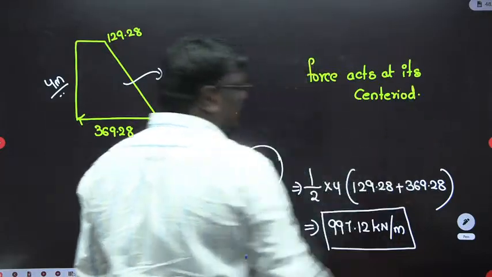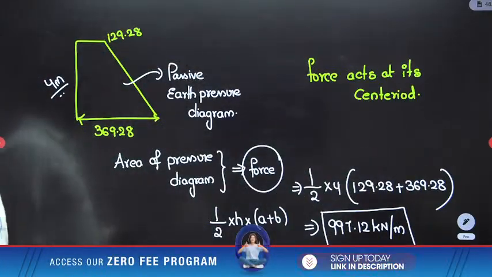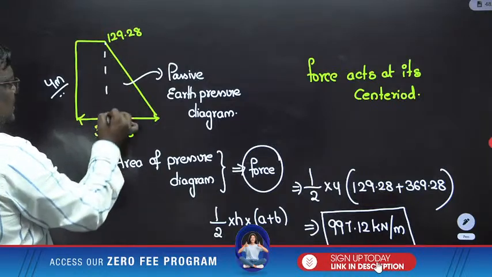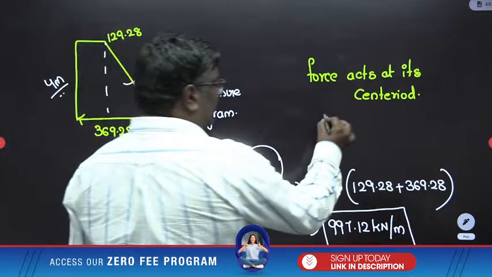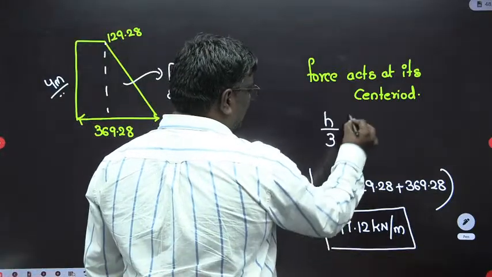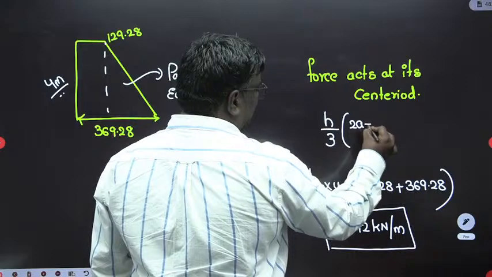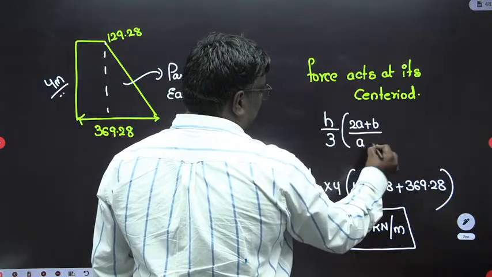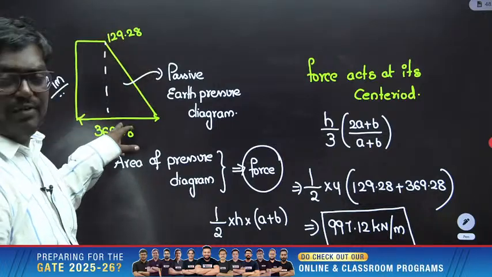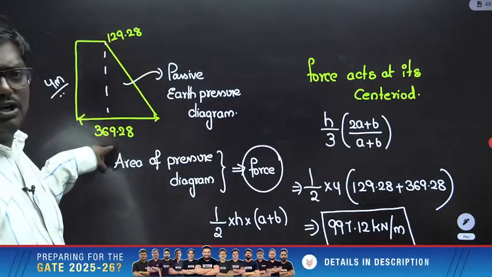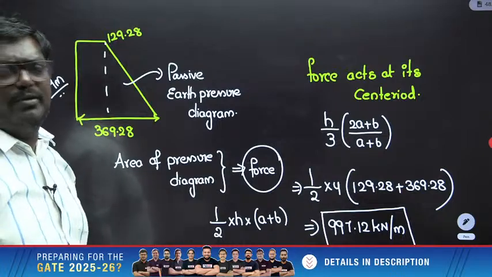Sir, for the centroid, you know A1 Y1 upon sigma A, you can divide this into a rectangle and a triangle. But for a trapezoid, you can take the direct formula as h by 3 into (2a plus b) by (a plus b). If you take a value from top, then it will be from bottom. If you take a value as bottom, then the centroid will be from top.